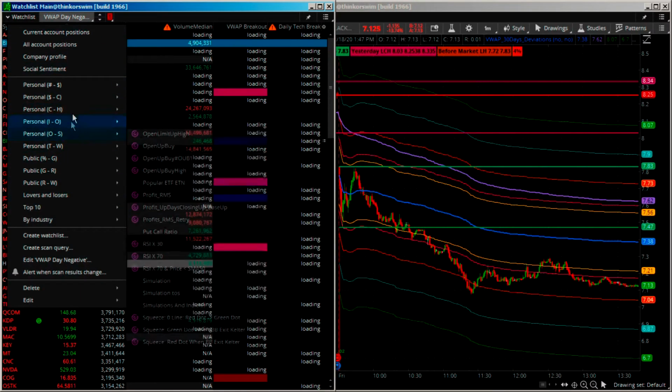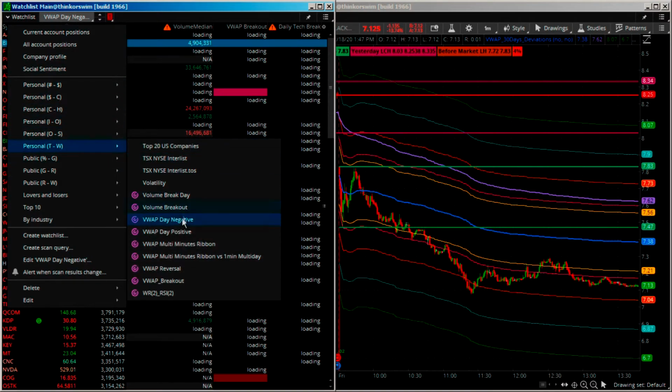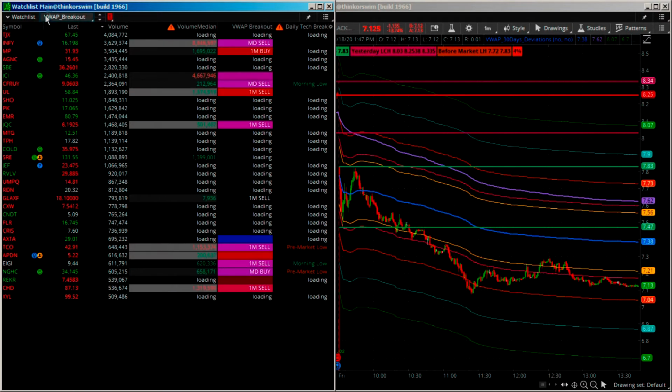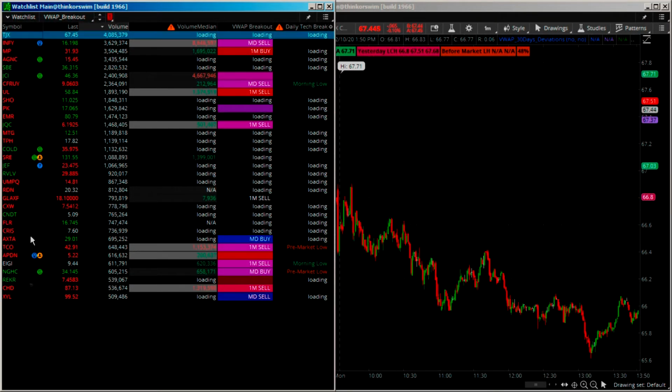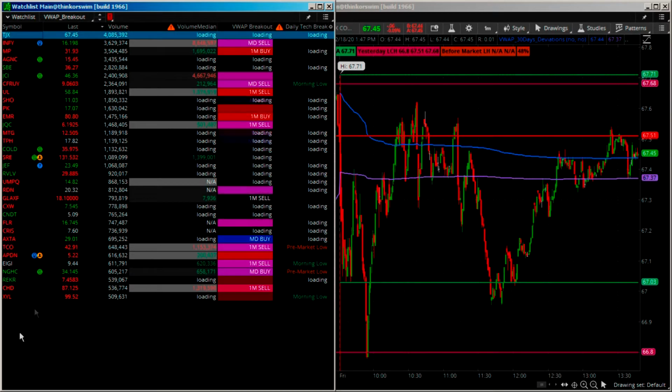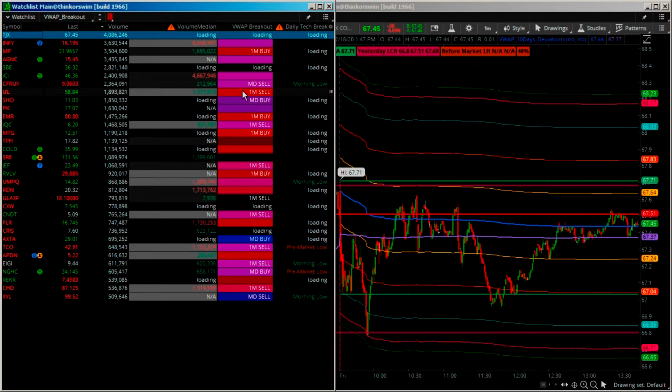So, quick summary for the VWAP breakouts. You have the VWAP breakout, which tells you every time the stock crosses the VWAP, it will be populated over here. You have the column VWAP breakout that tells you when the price is currently crossing either the multi-day or the 1 minute.